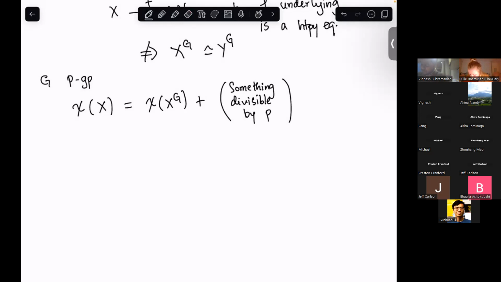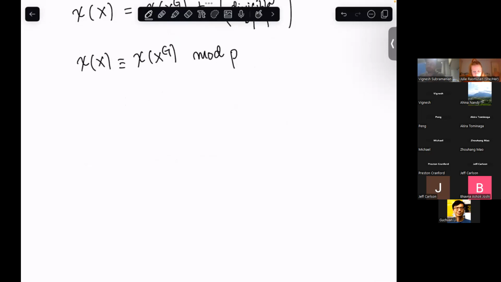So in particular, if you go mod p, you get that the Euler characteristic of X is congruent to the Euler characteristic of the fixed points mod p. This already indicates that you can say something about the relationship between the total space and the fixed points, and the first starting point of answering these kinds of questions is done by Smith.